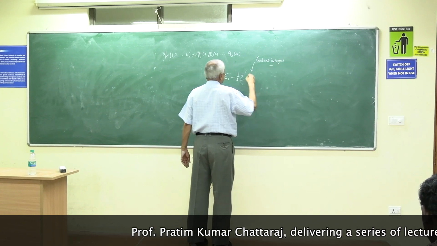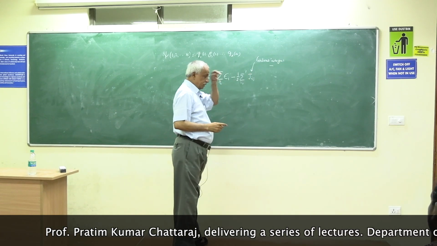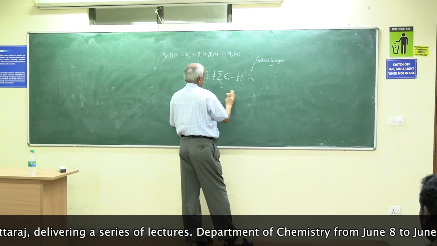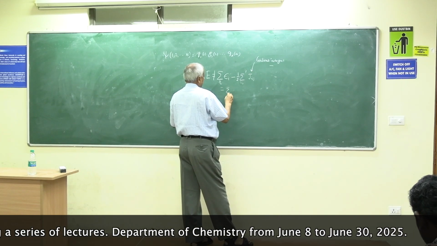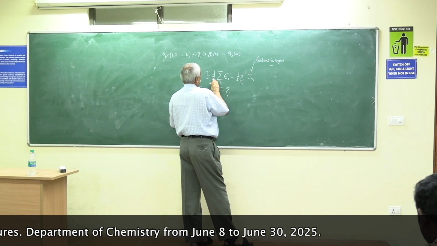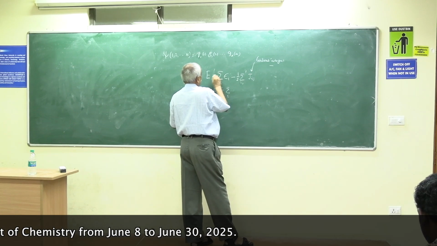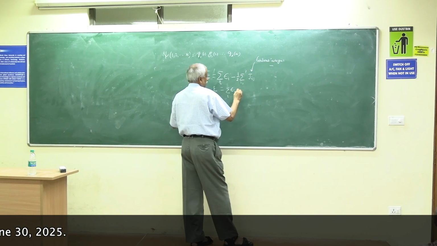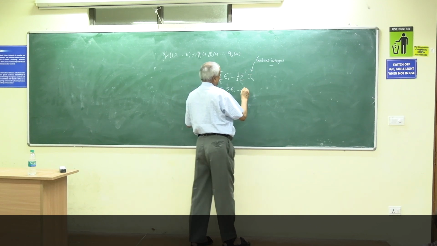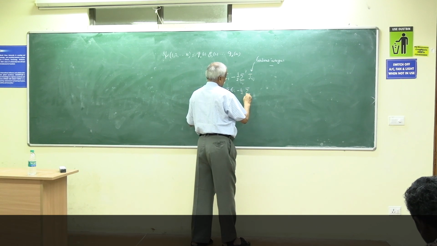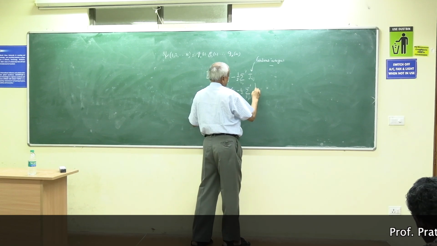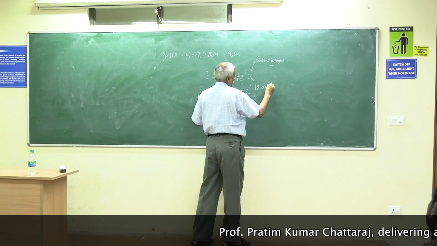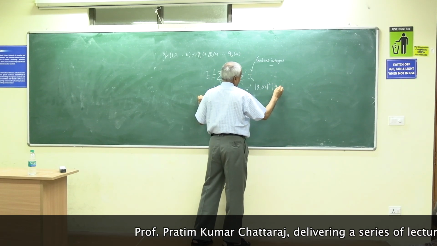We will talk about the Coulomb operator also, which is associated with this. So E becomes the sum over i of E_i minus half the sum over i, j of the integral of |G_i|² and |G_j|².